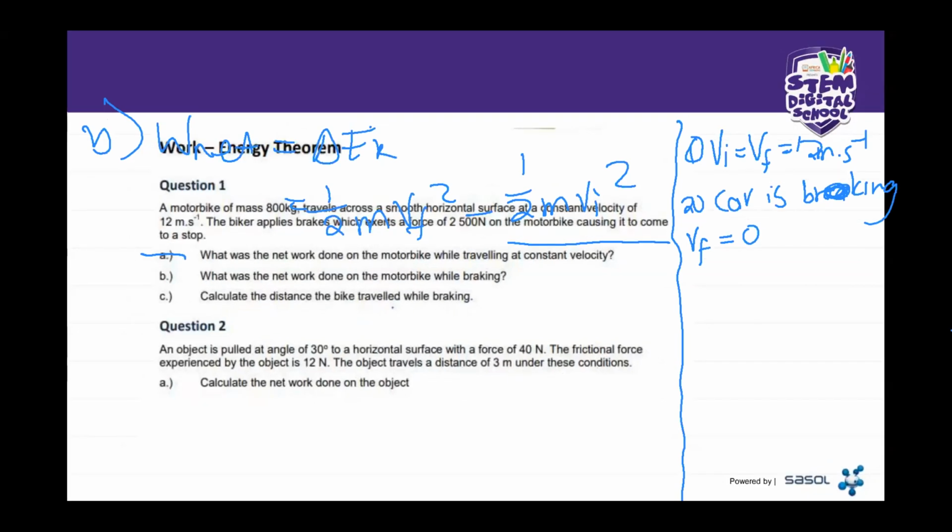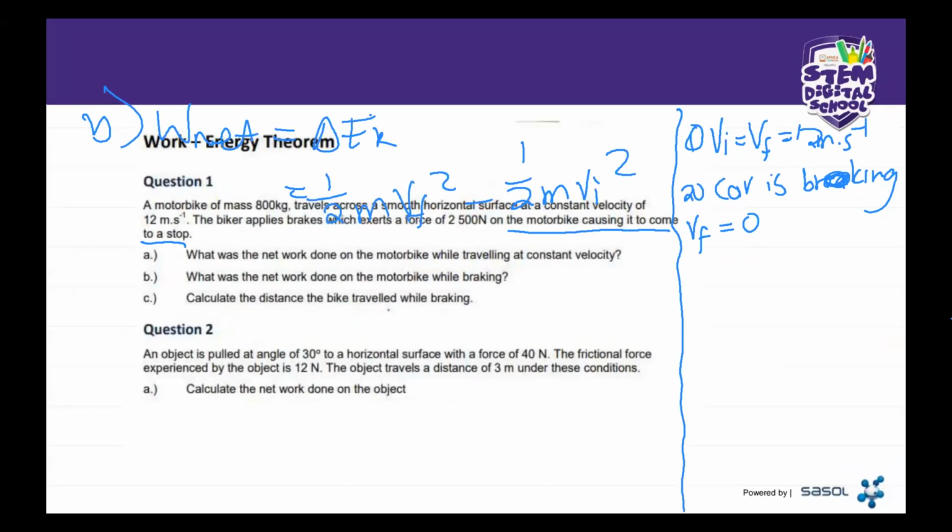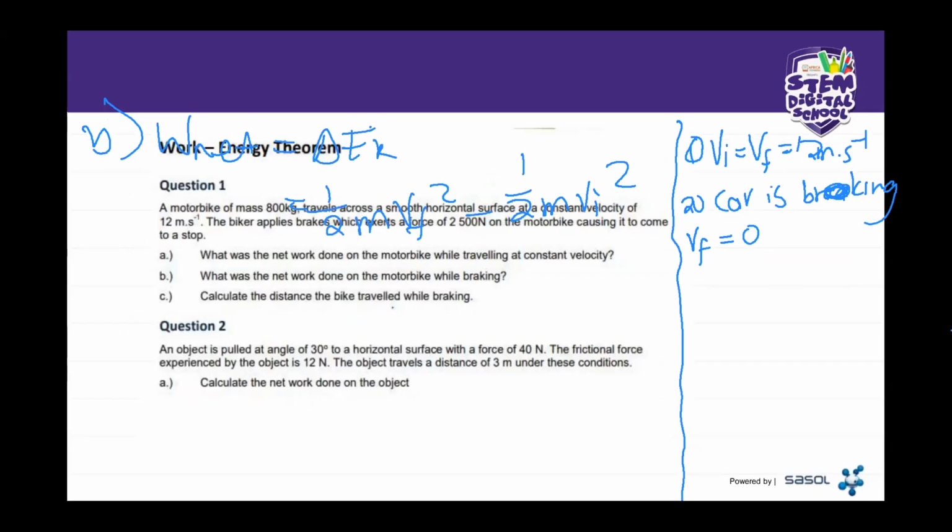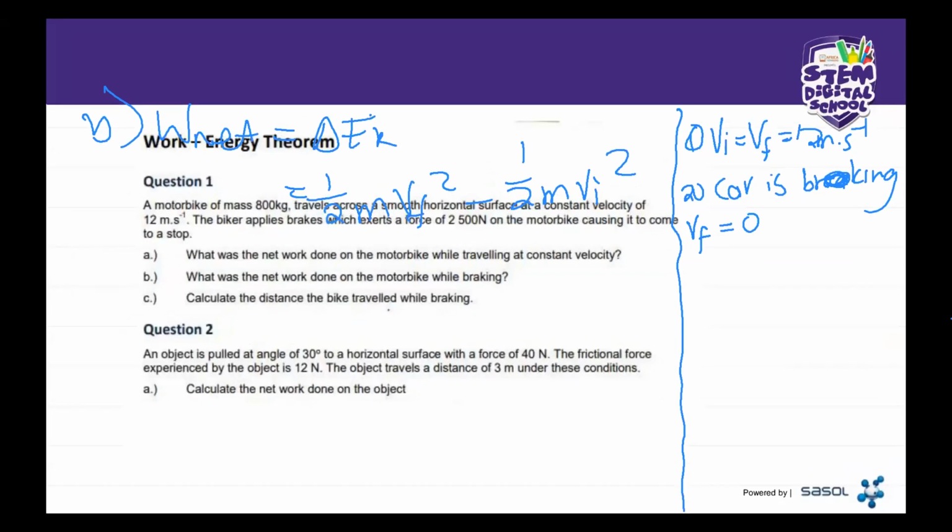So our initial velocity VI is going to be the 12, because it started with 12, but now it's slowing down until it gets to 0.